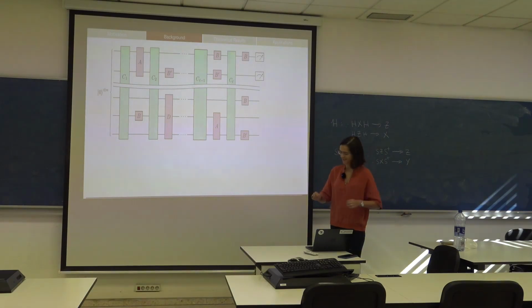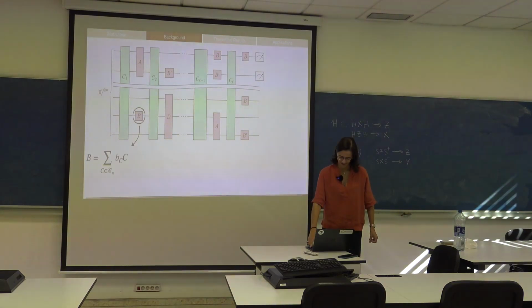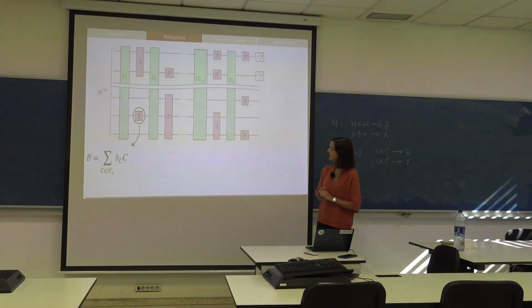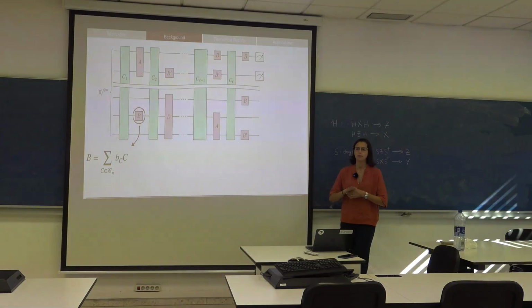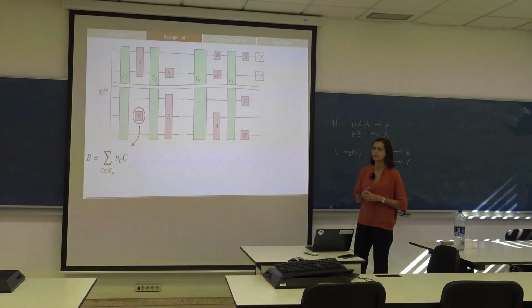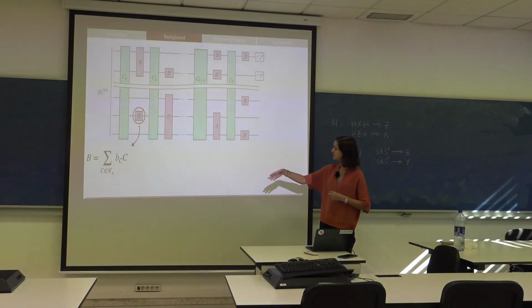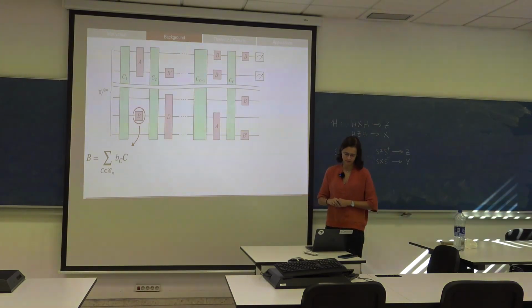Okay, no guess. So one thing we can try to do is, we have this non-Clifford gate. Why don't we just write it as a sum of a bunch of Clifford gates, right? Because we can do that. We can take these non-Clifford gates and just decompose them as a sum over Cliffords.